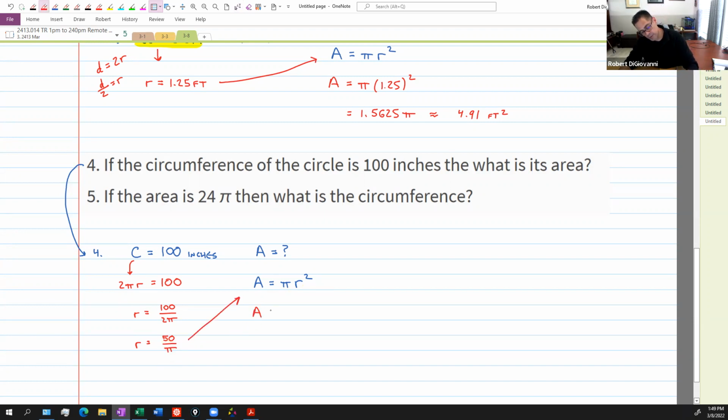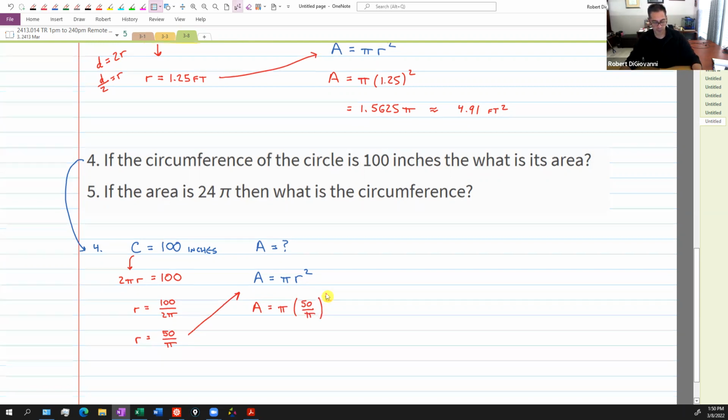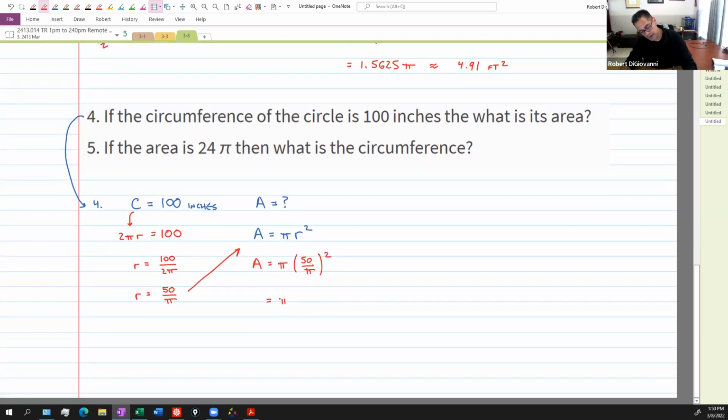And my area will be pi times the radius, which we just said was 50 over pi, squared, which is pi times 50 squared, what's that? 2,500 over pi squared. And then cancel one of the pi's, right? This pi cancels with one of those. And so your answer should just be 2,500 over pi.